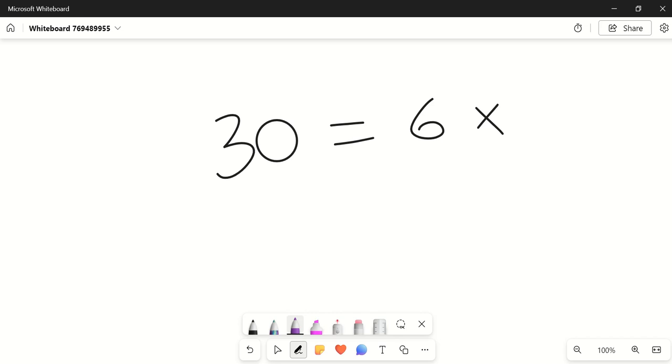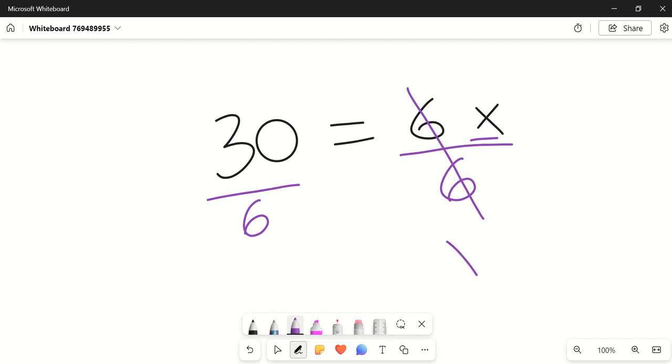Variable, it's being multiplied by 6. I'm going to undo it by dividing by 6, and I have to do it to the other side. That will cancel out. X will equal whatever 30 divided by 6 is, which is what? And if I plug this back in, 6 times 5 equals 30. And then we're all good.